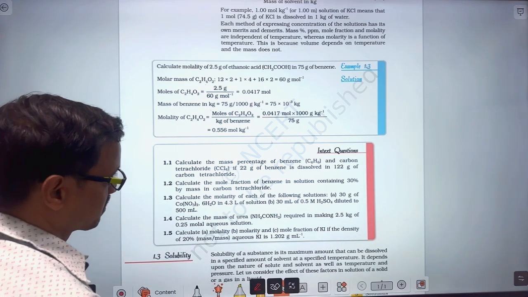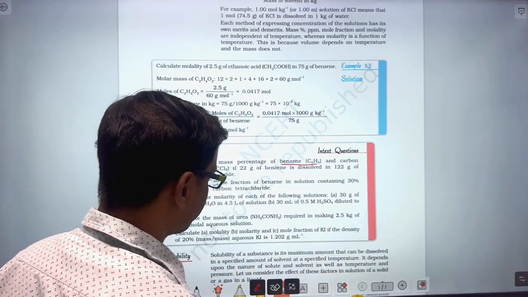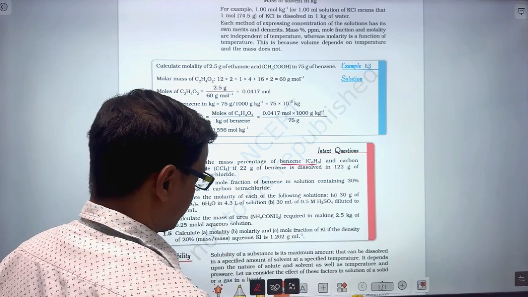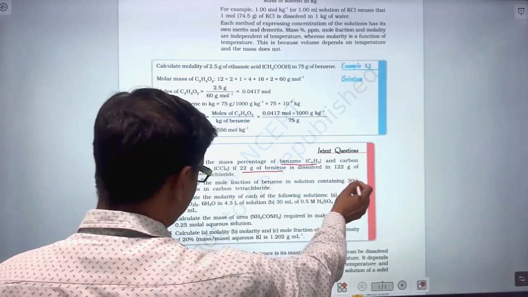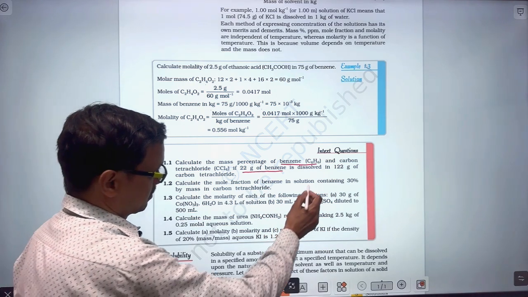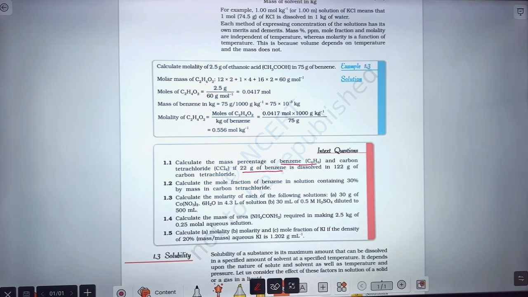Mass percentage of benzene: benzene is the solute, carbon tetrachloride is the solvent. Hope everyone has solved this very easy question. Even though I hinted here, benzene mass is 22 gram and carbon tetrachloride is 122 gram.